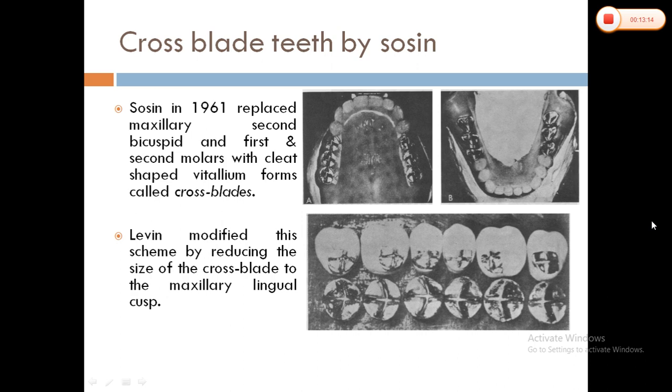In 1961, Sosin replaced the maxillary second bicuspid and first and second molars with cleat-shaped Vitalium forms called cross blades. Levin modified this scheme by reducing the size of the cross blade to the maxillary lingual cusps.